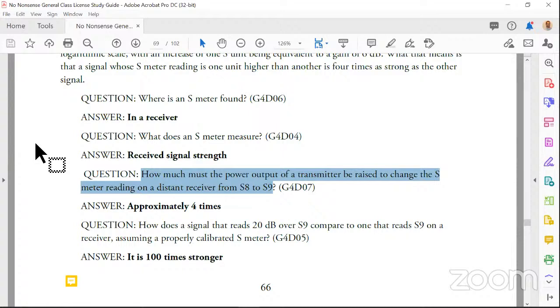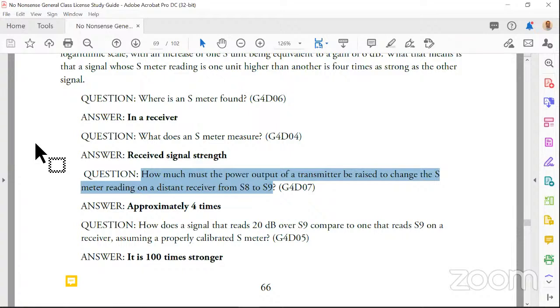They want to know by how much the power output of the transmitter, the person communicating with me, must be raised for me to see their signal go up from S8 to S9. It's like driving at 80 kilometers per hour and asking how much more power you need to apply to your engine to go to 100 kilometers per hour. That's basically what they're asking us.